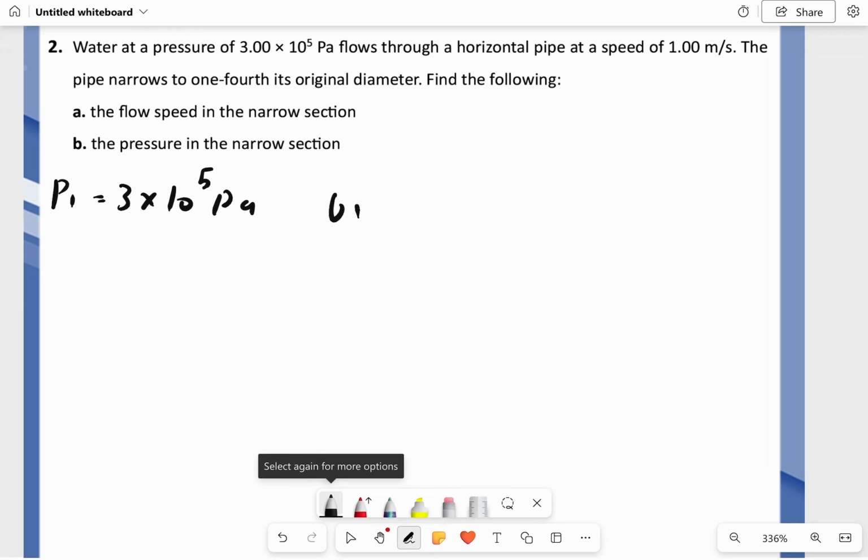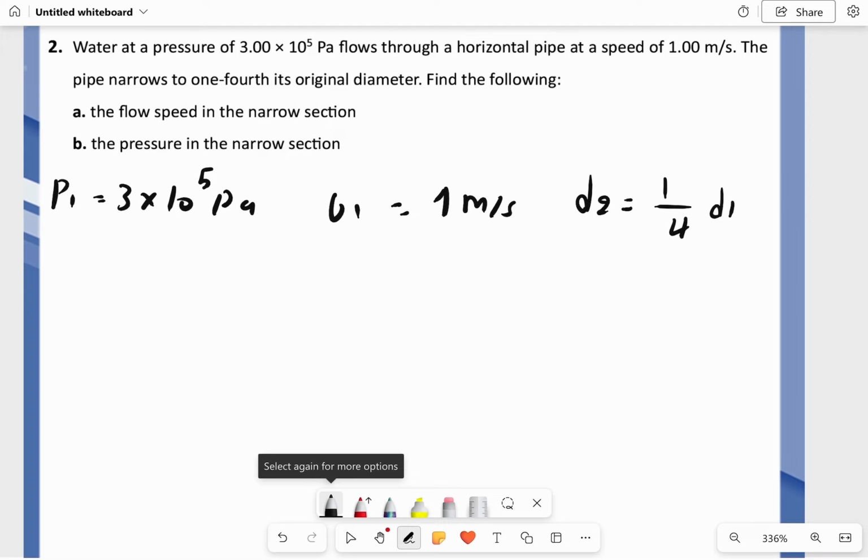This is V1, which is equal to 1 meter per second. The pipe narrows to 1/4 its original diameter. So D2 we can say is equal to 1/4 D1. I'll come back to this one and explain how we find the area.